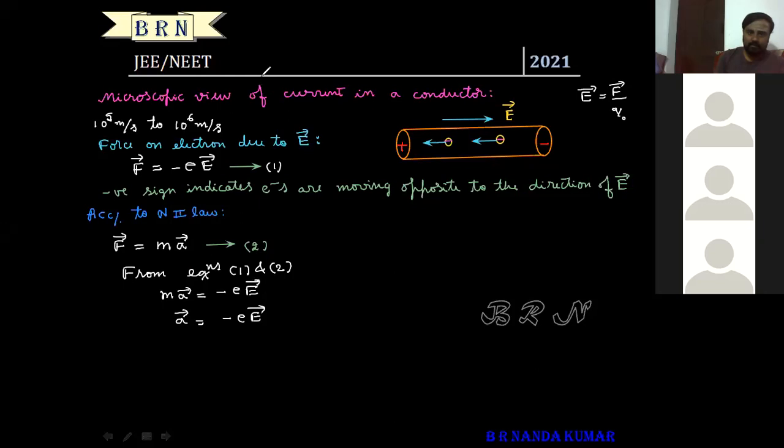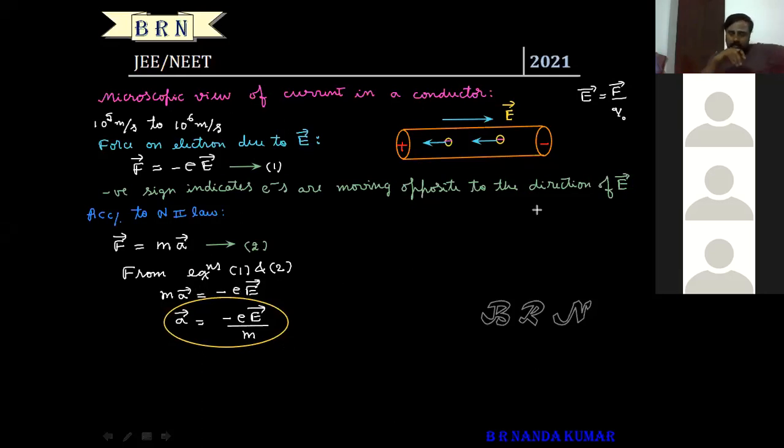So a vector is equal to minus e into E vector divided by m. So what is this? It is the acceleration of electrons in the presence of an electric field.